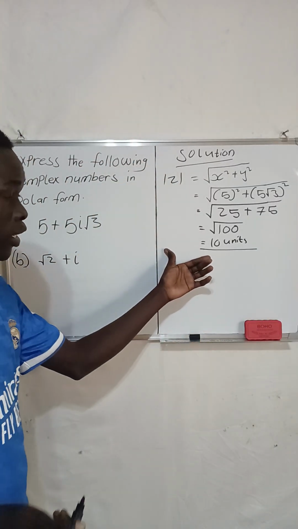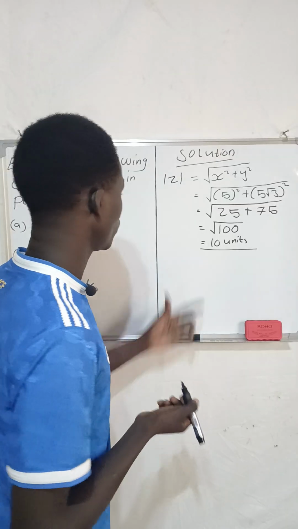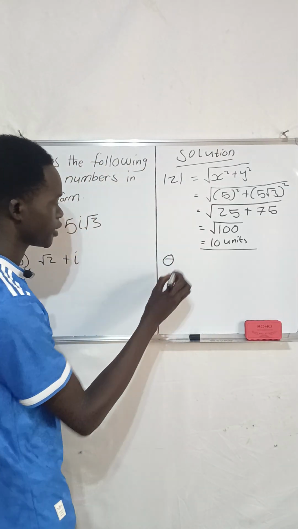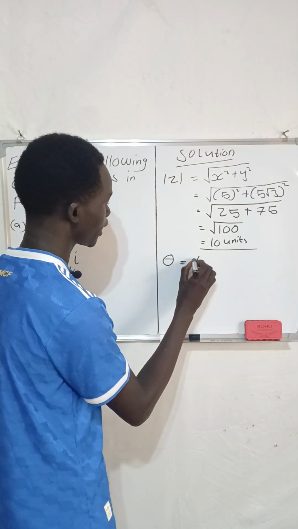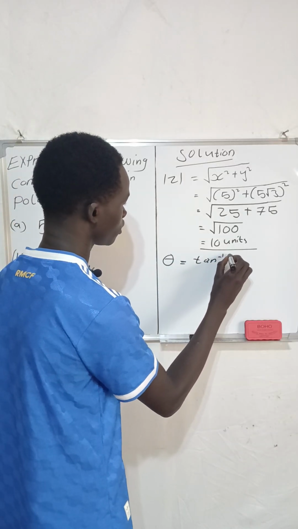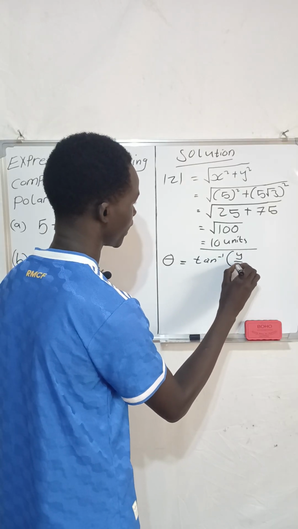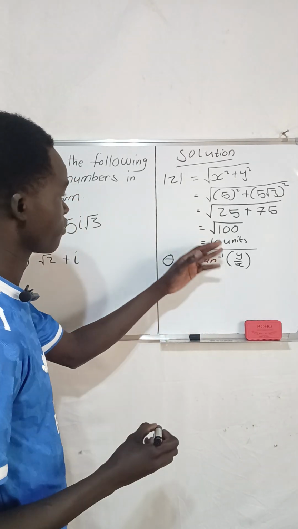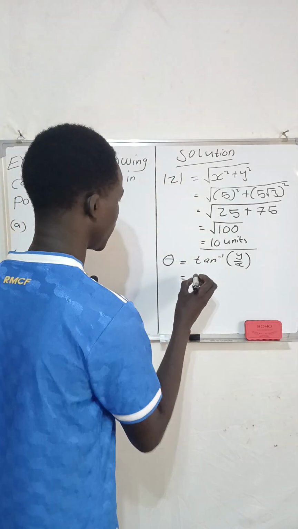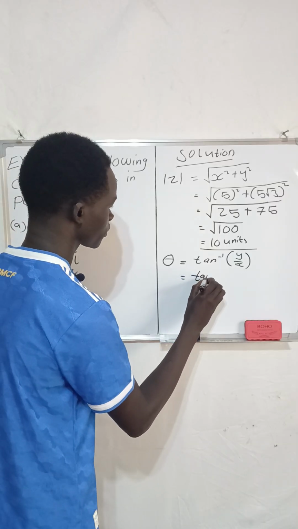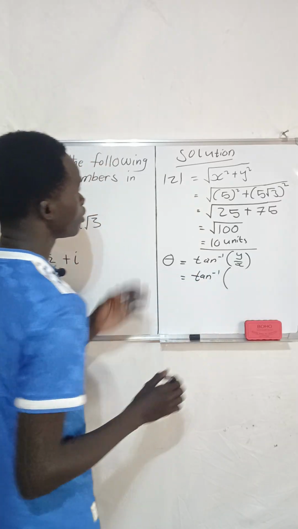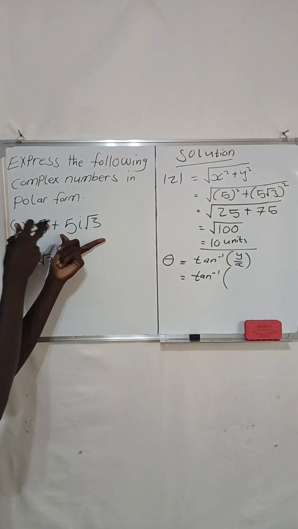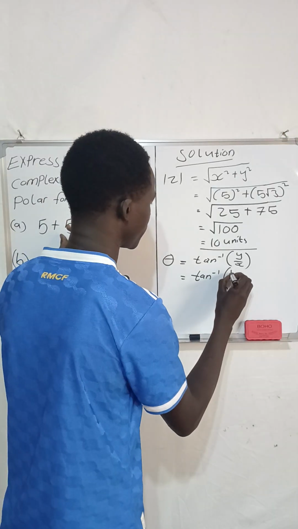Now let us proceed and find our argument, which is theta. This is the formula for finding our argument: theta equals tan inverse of y out of x. Now I will plug in what we have as y and x. We have tan inverse of 5 root 3 out of 5, where x is 5.